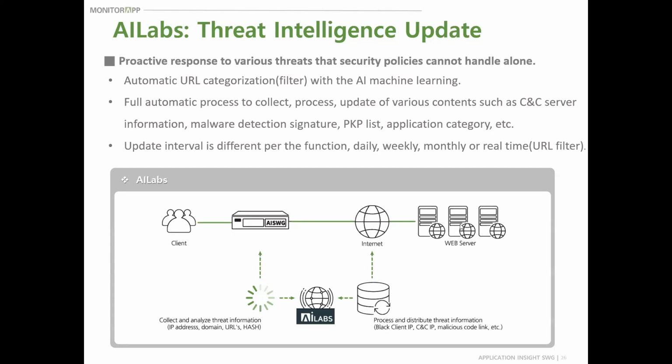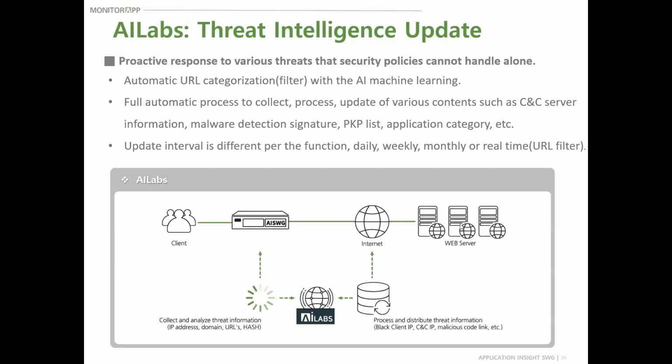Nowadays, since malicious code is very dynamic and plentiful, security appliances should get support from a threat intelligence system. One box itself cannot handle all the security issues alone anymore. So for example, if a user tries to access a specific URL, but this URL doesn't exist in the category database, then SWG quickly checks with the threat intelligence named AR Labs.